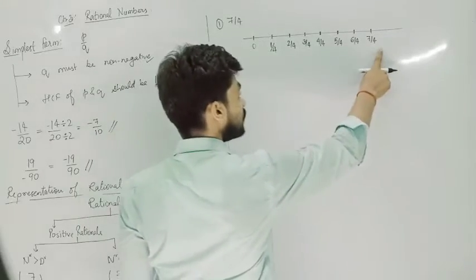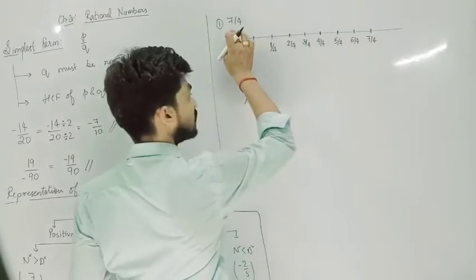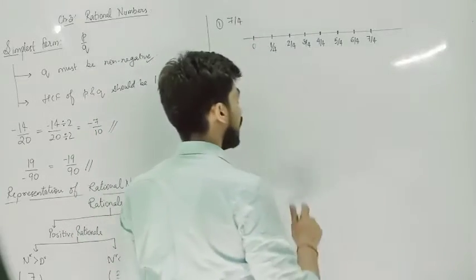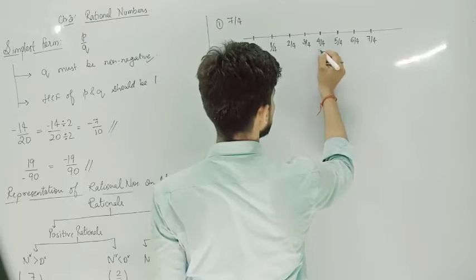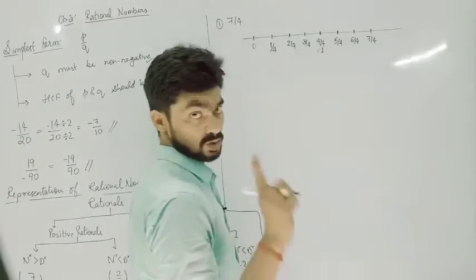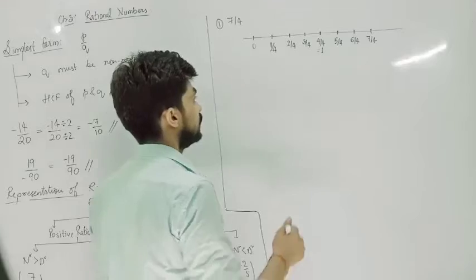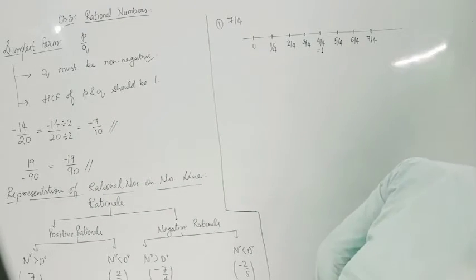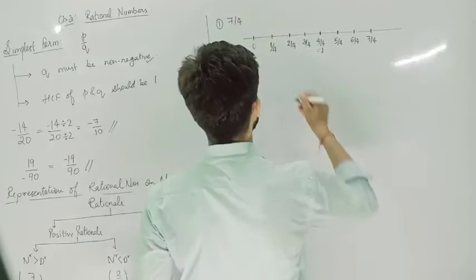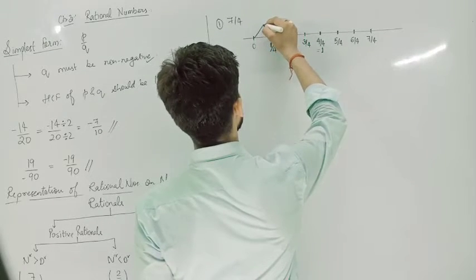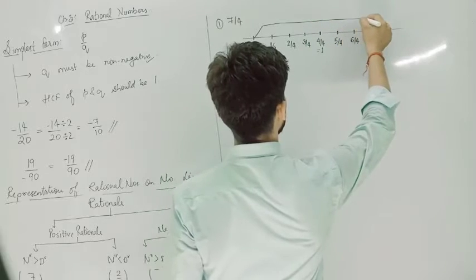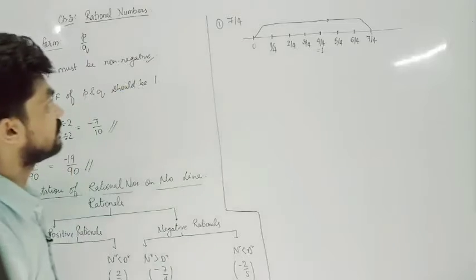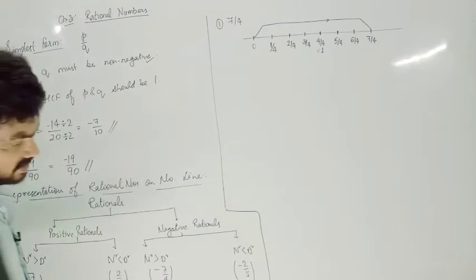I made 7 equal divisions, then started from 1 by 4, 2 by 4, 3 by 4, 4 by 4. And actually, 4 by 4 is 1. Anyway, so we have drawn this line. You can see on the screen, it is 7 by 4. Like this, you have shown 7 by 4 on the number line.